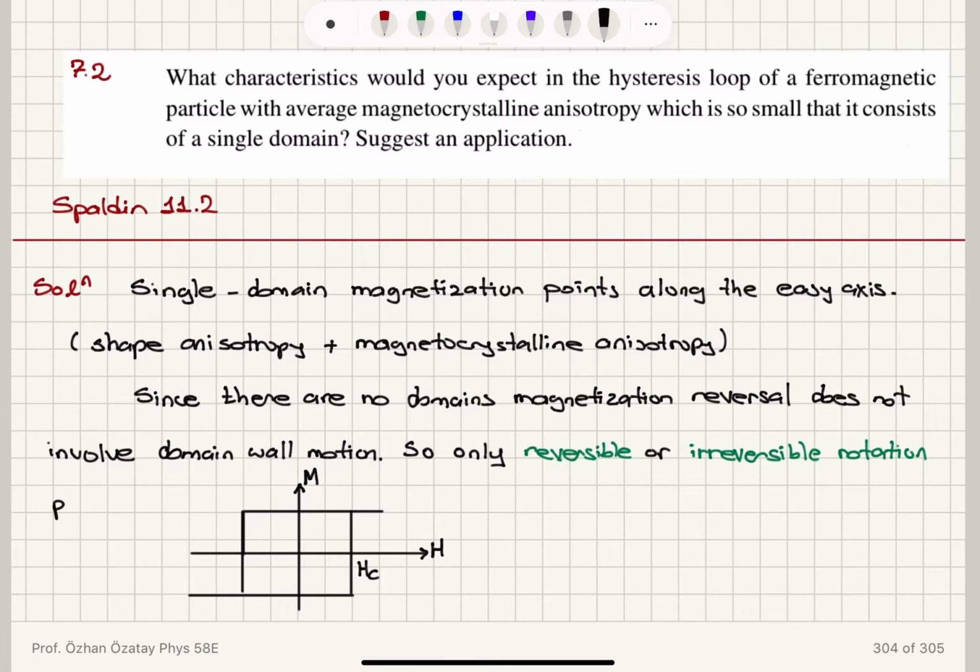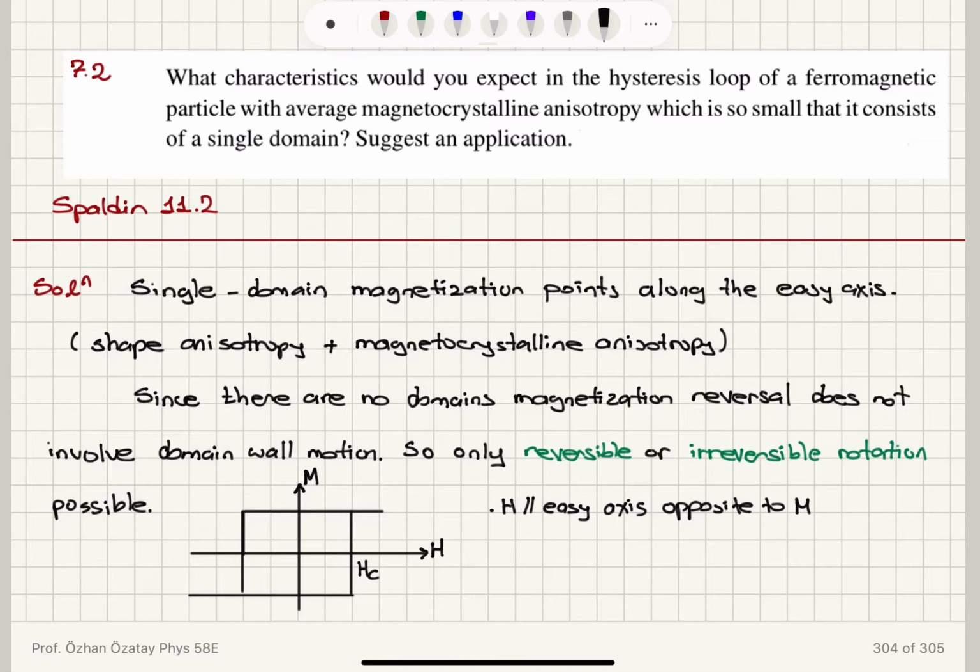Okay, so when do we have reversible rotation? When do we have irreversible rotation? So when we apply the magnetic field parallel to the easy axis opposing the direction of magnetization. So this is opposite to magnetization.